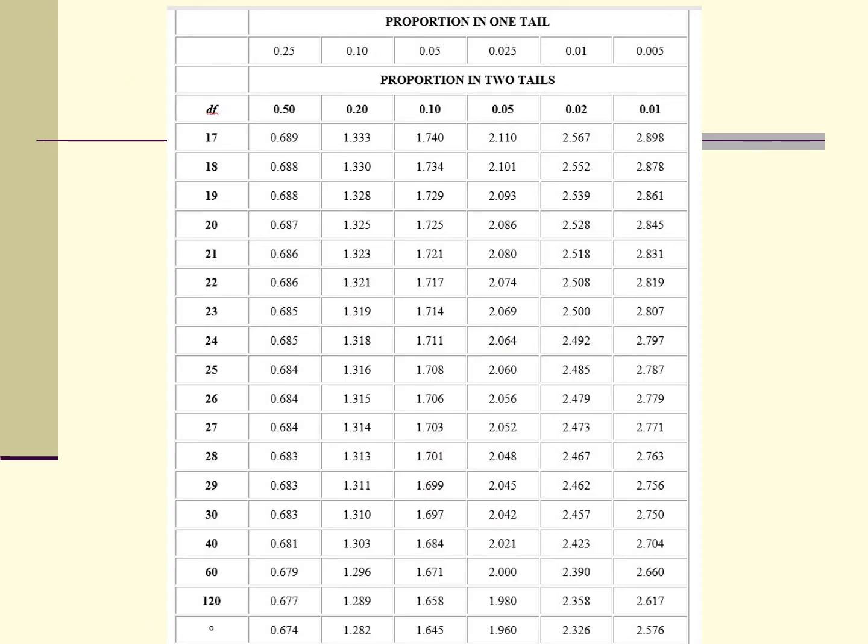Now look at the t-distribution table. Sample size is greater than 100. We look at the last row. So DF is 225 minus 1, which is 224. Then it is a one-tailed test. We look at the 0.05 here.